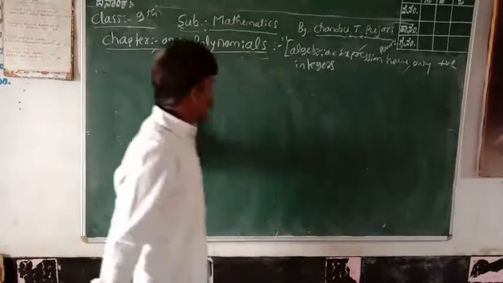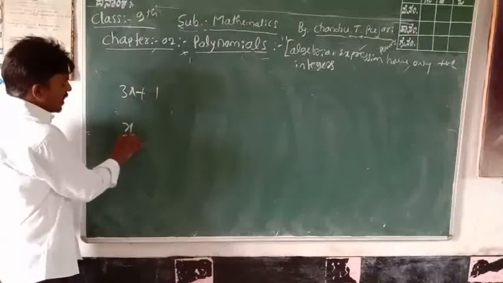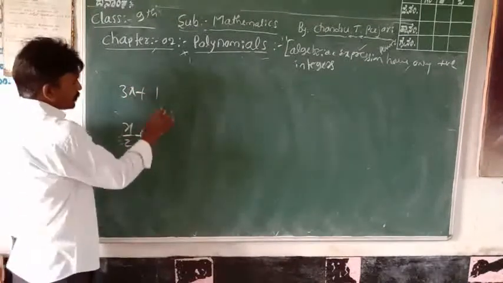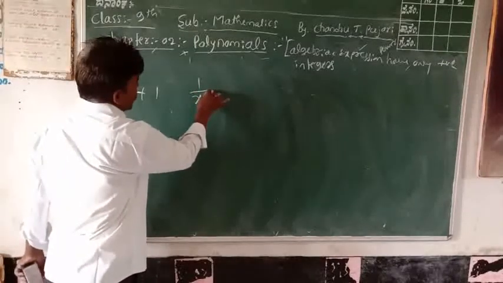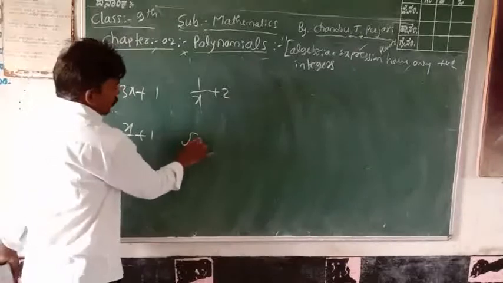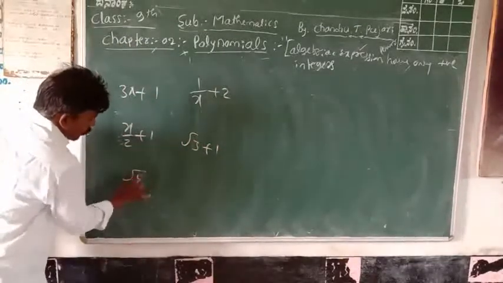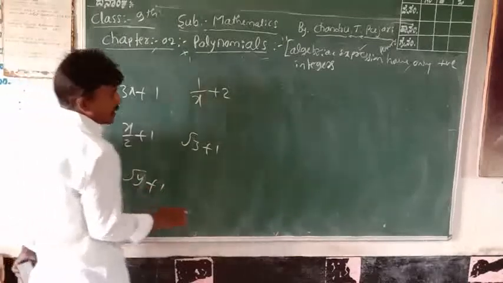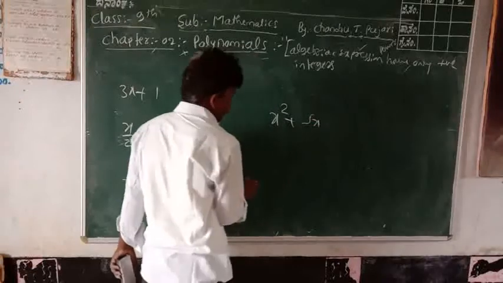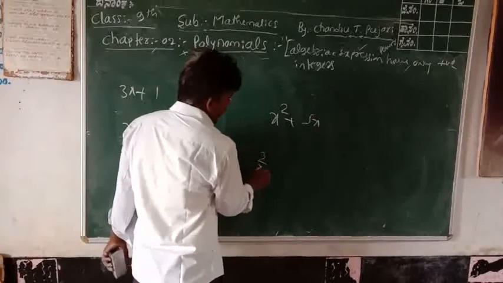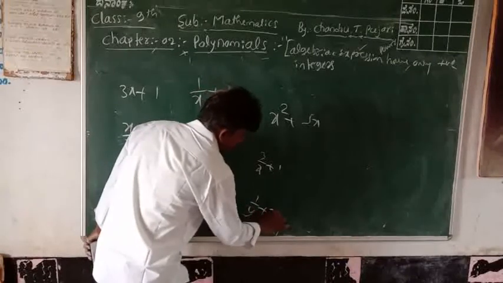For example, a group of: 3x plus 1, x by 2 plus 1, 1 divided by x plus 2, root 3 plus x, root 7, root y plus 1, x squared plus root x, 3 by x plus 1, 1 by y plus 8.